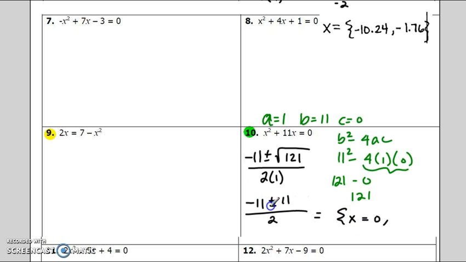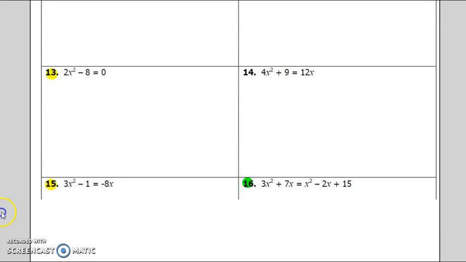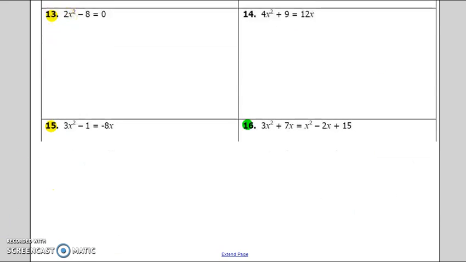And then negative 11 minus 11 is negative 22, divided by 2 is negative 11. And you could type those into your calculator. Make sure you're doing one's a plus, and then divide it by 2, and then one's a minus, and then divide it by 2.